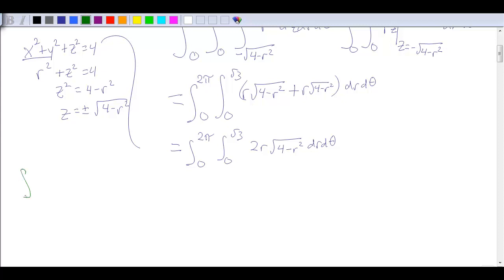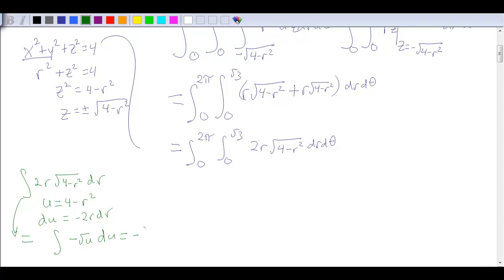I'm going to find an antiderivative of 2r square root 4 minus r squared dr. I let u be 4 minus r squared, the thing under the square root, and then du is negative 2r dr. So my integral is a square root u, negative 2r dr. I've got 2r dr, I'm missing the negative, so I'll get a negative square root u du.